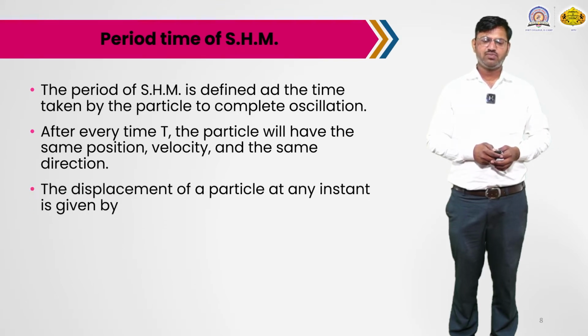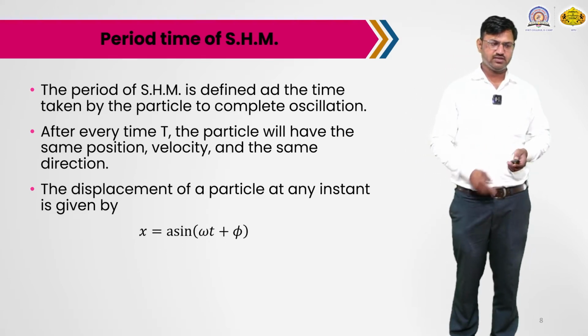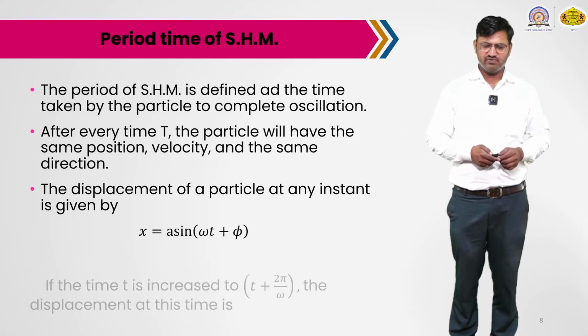The displacement of a particle at any instant is given by x = a sin(ωt + φ).